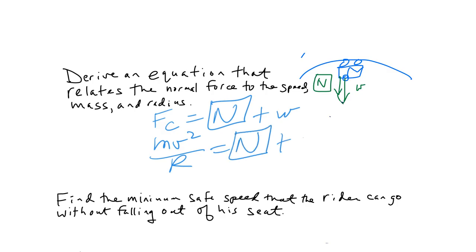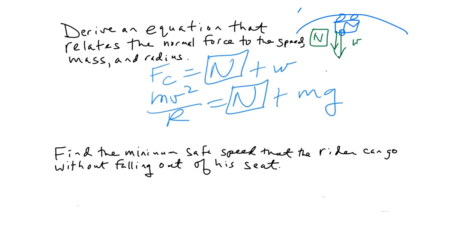N plus mg, that's what weight is. Okay, so normal force is equal to mv squared over r minus mg. I could take out the m if you want, take it out of parentheses, but no need.